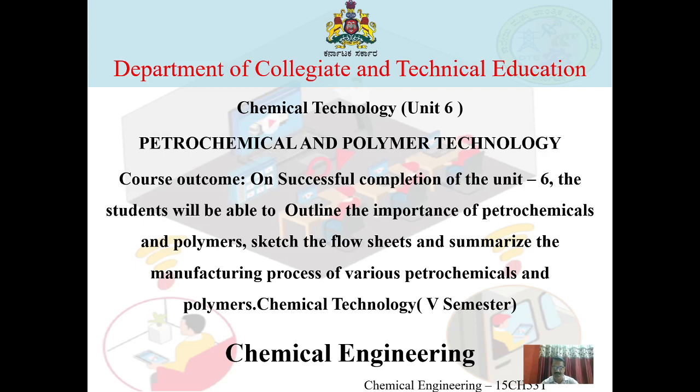In the cumene peroxidation process, cumene, that is isopropyl benzene, made by alkylation of benzene with propylene, is mixed with recycled benzene and sent to the hydrogenator.